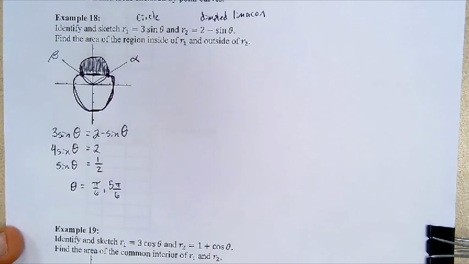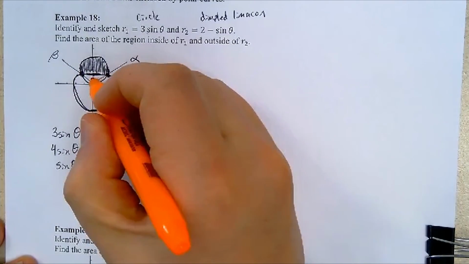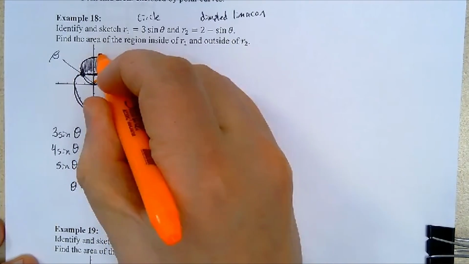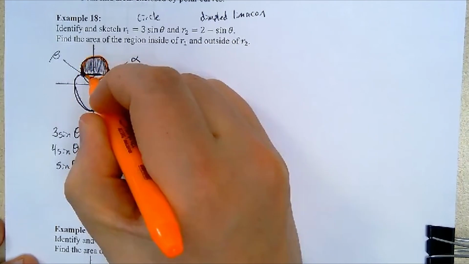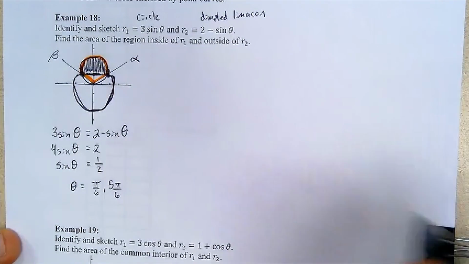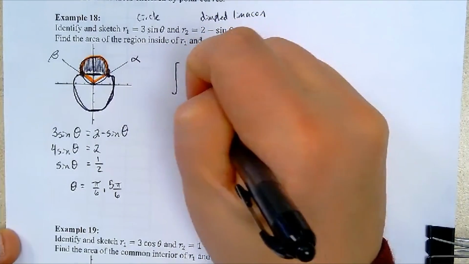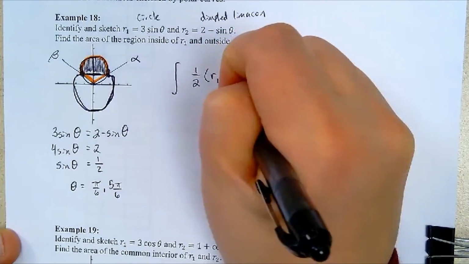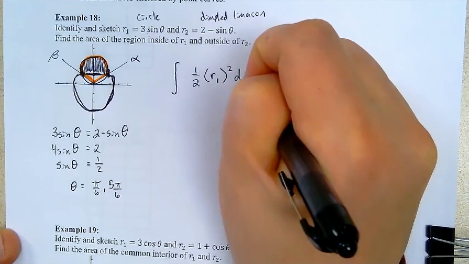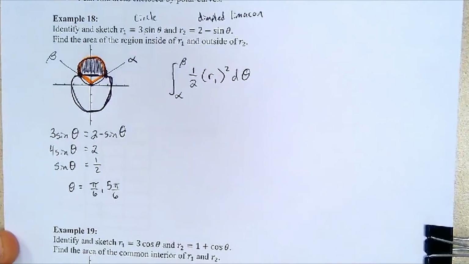Now, to create this region, what we're going to do is first we will take the region enclosed by the circle from those two angles. So the region enclosed by the circle is represented by that integral.